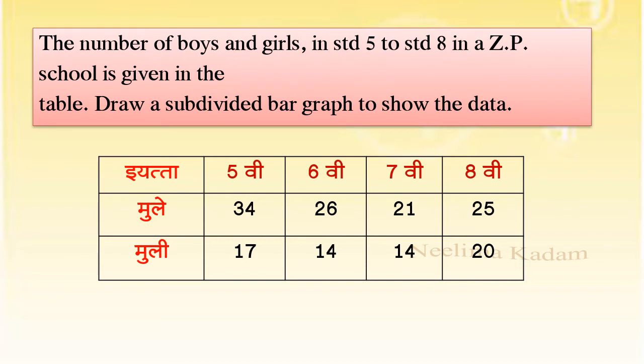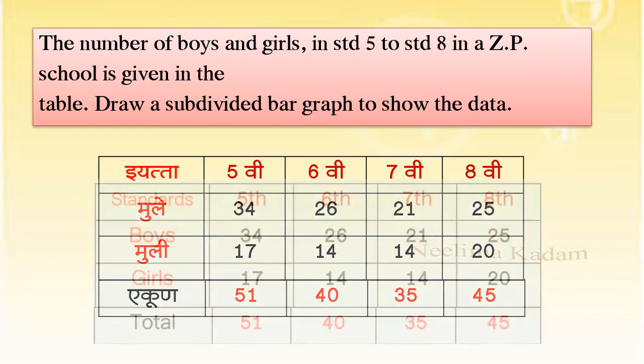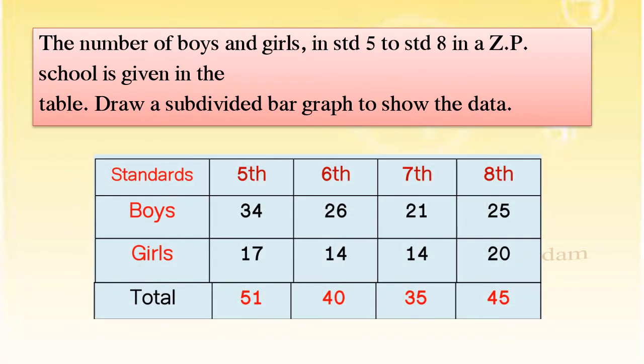First of all, add the total number of students, that is, the number of boys in the 5th standard is 34 and the number of girls is 17. So what is the total? So total number of students in standard 5th is 51, in standard 6th 40, 7th 35, 8th 45.